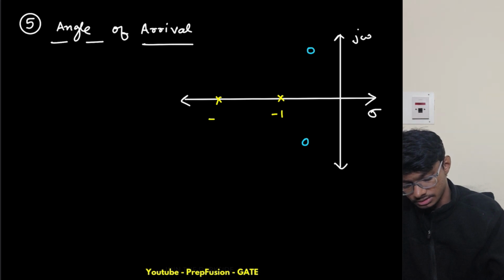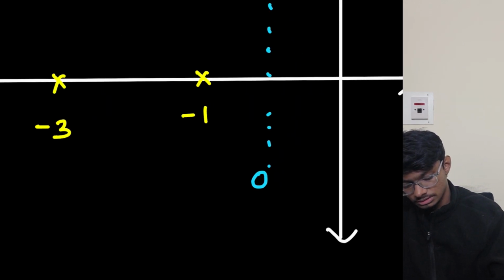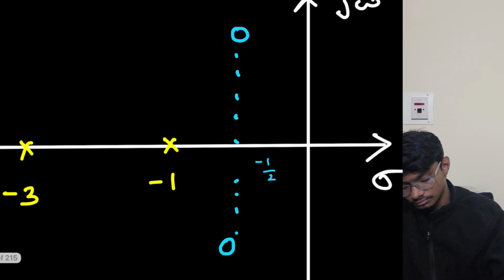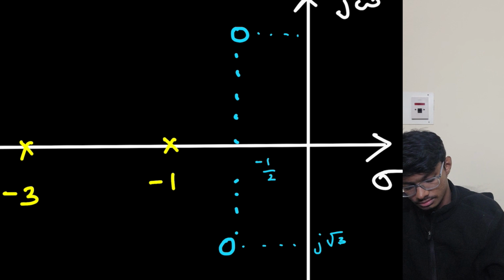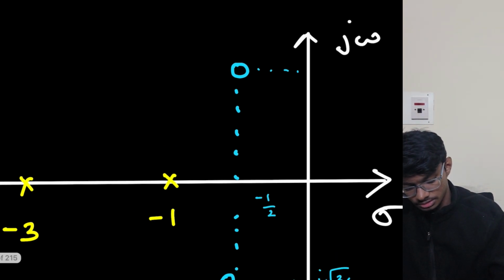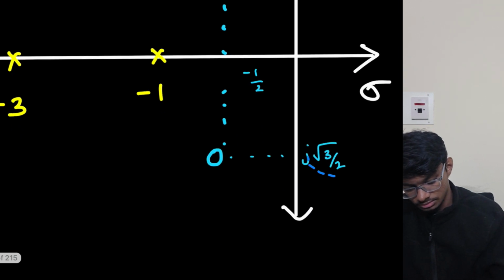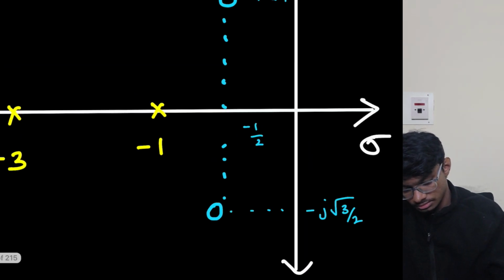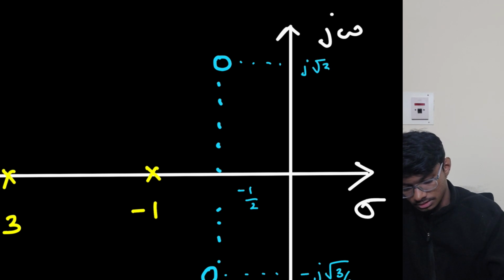This is -1 and this is -3. And the zeros are at minus 1/2 plus j root 3 by 2, and minus 1/2 minus j root 3 by 2.